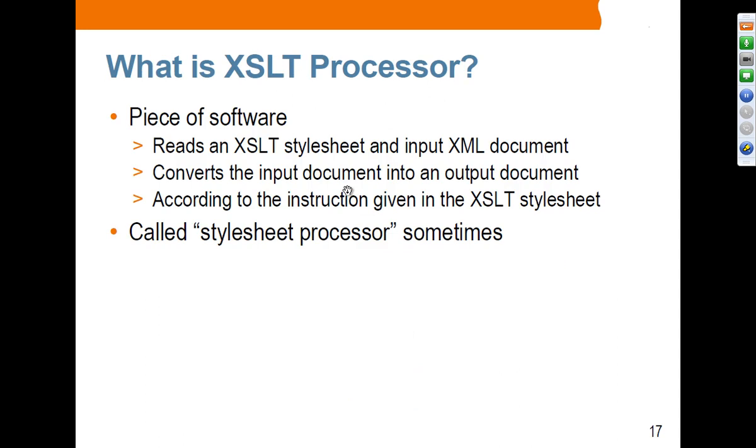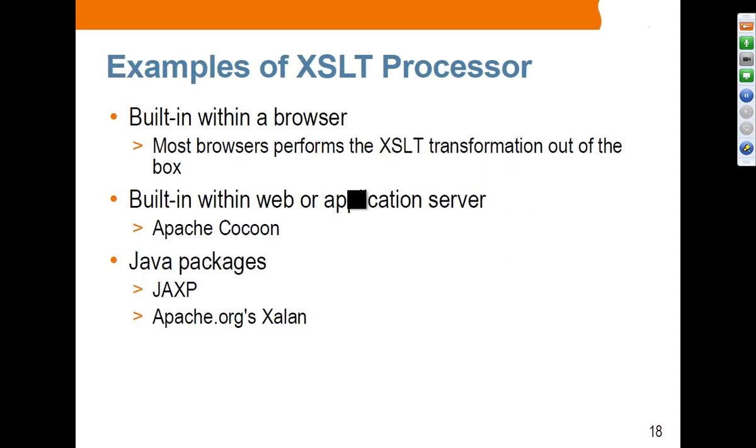The XSLT processor is basically software that reads the XSLT style sheet and input XML document, and it converts this input document to an output document according to the instruction given in the style sheet. Sometimes the XSLT processor is called the style sheet processor because it's processing style sheets.